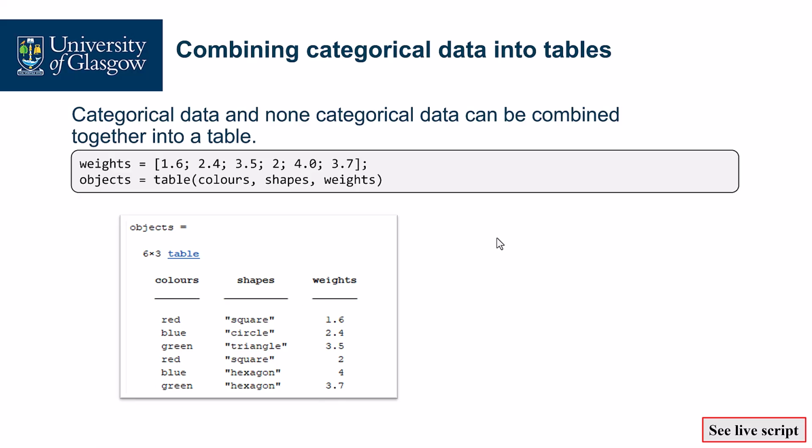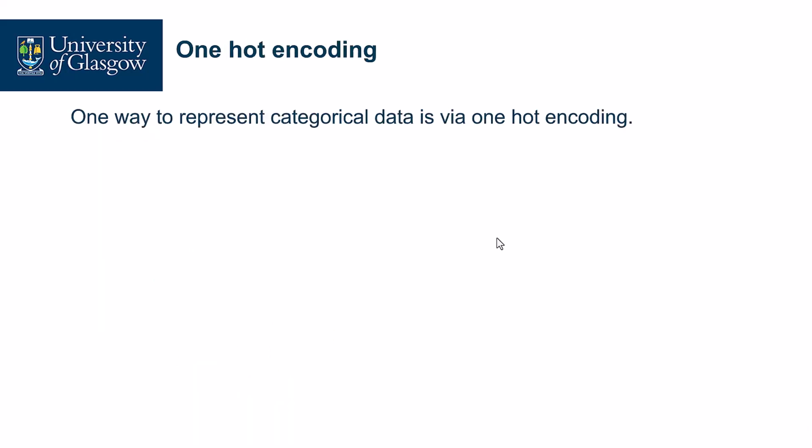Okay, so when we have categorical data, how do we handle them in machine learning? Often there is a way to represent them. We call it one-hot encoding.